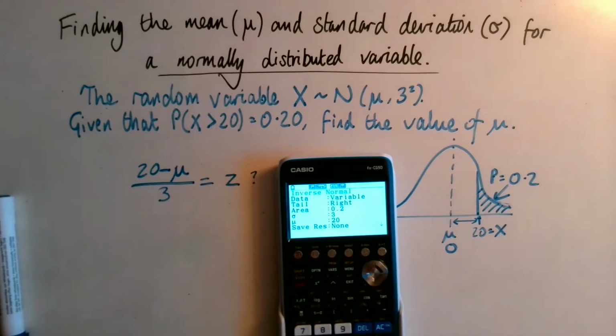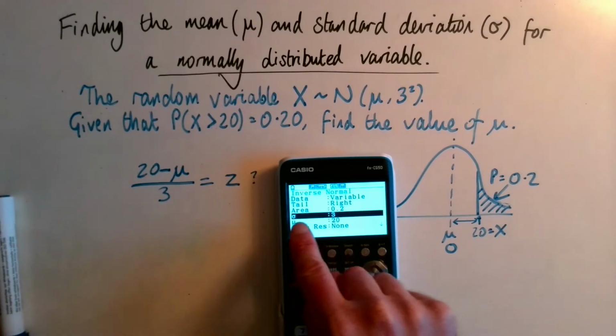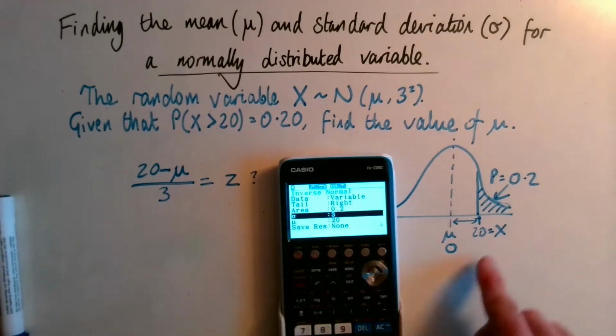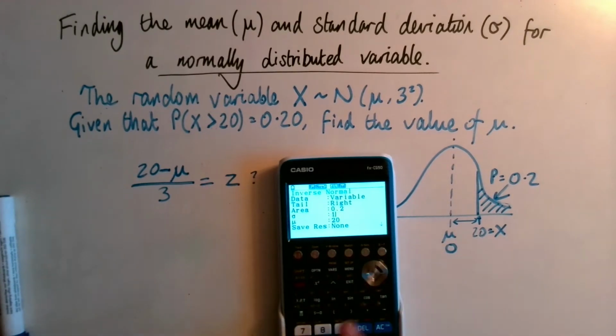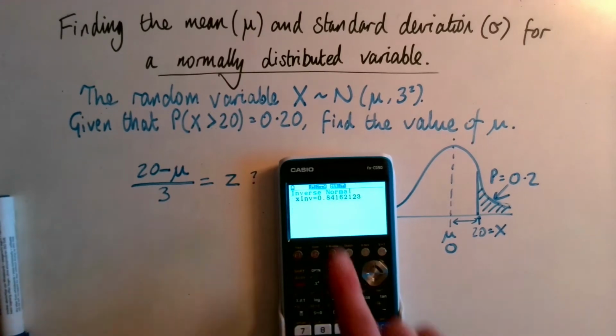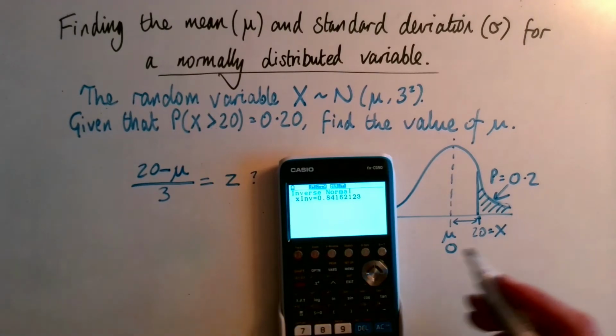Now because it's normal distribution, that means that the standard deviation should be 1, shouldn't it? And the mean should be 0. Now, if I press equals there, I get 0.84.